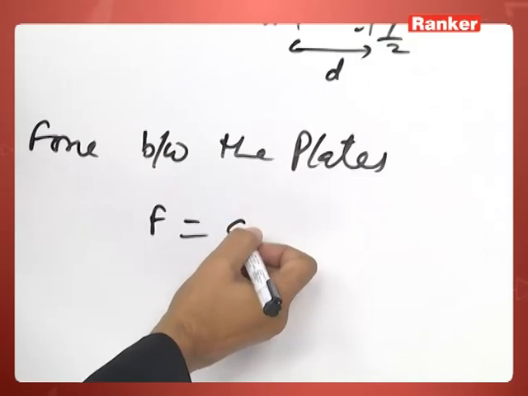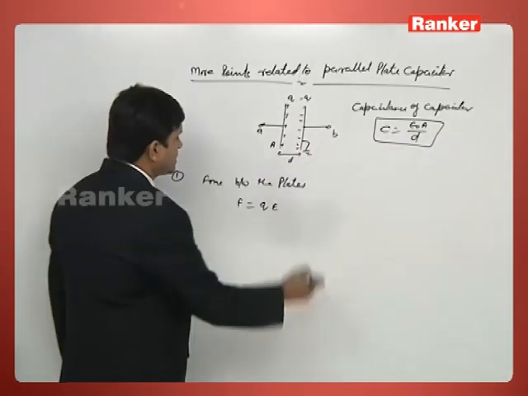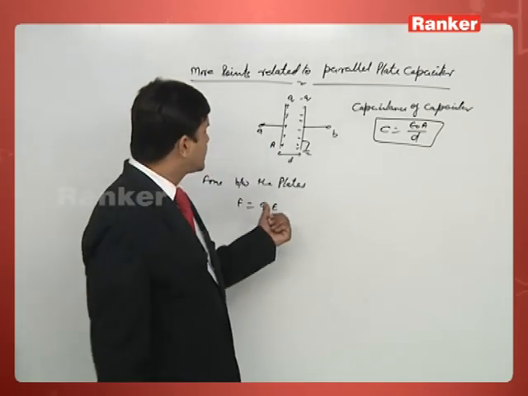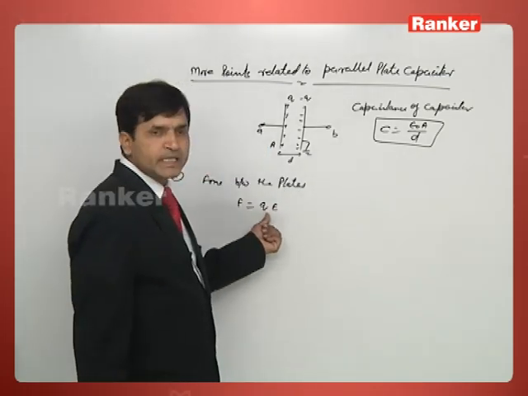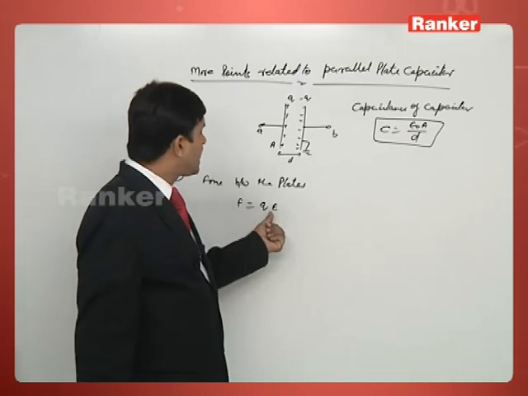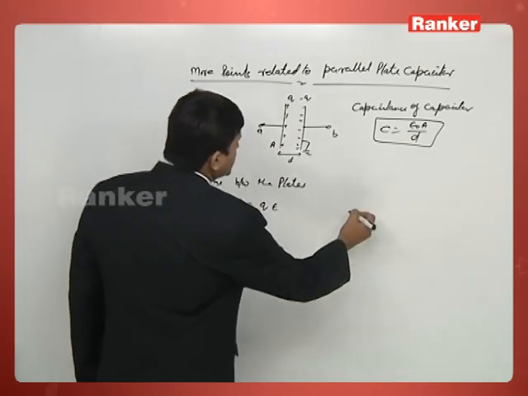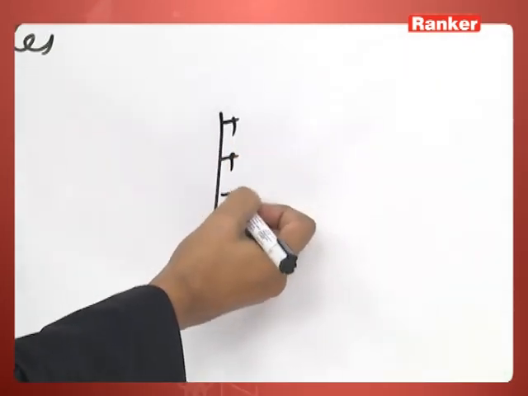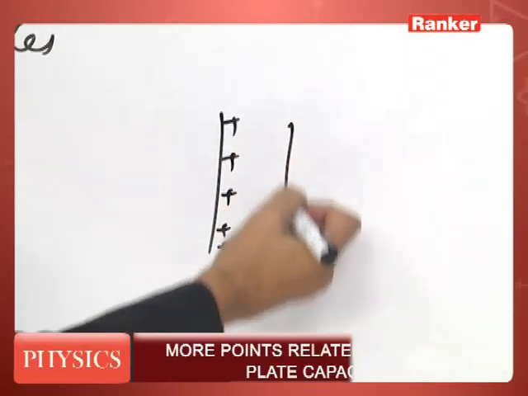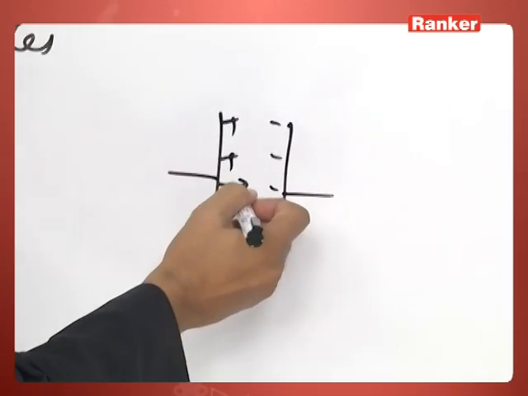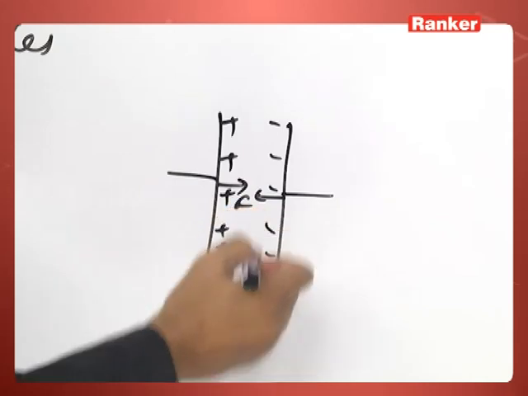Force is equal to charge into electric field. In this, we take the charge of one plate and the field due to the other plate. Both have the same charge but opposite nature, so the force of attraction will be like this.